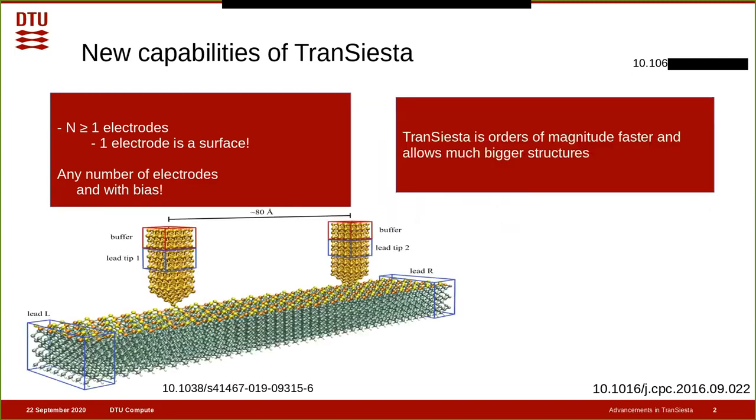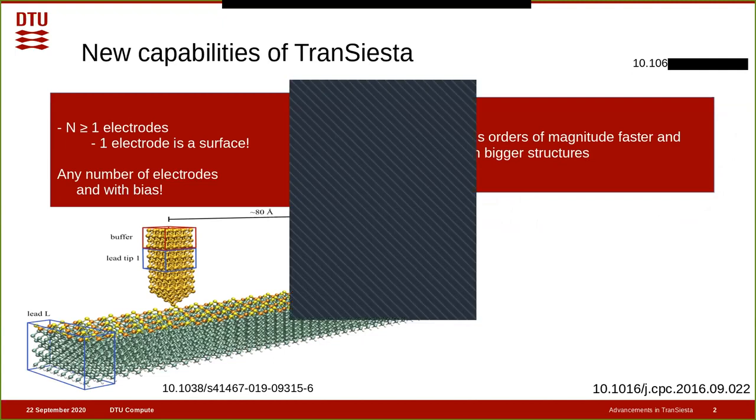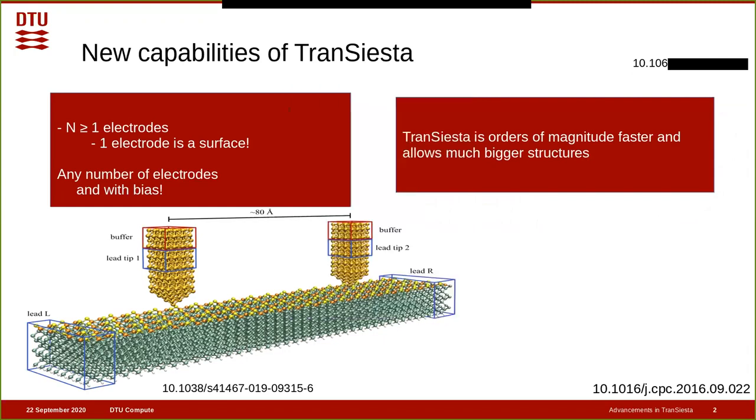TranSIESTA also offers a much improved inversion algorithm, or 2 other more performant versions, and that leads to a capability of calculating much bigger systems. Emilio also showed you this system in the first presentation, and that's, I think, around 4,000 atoms.